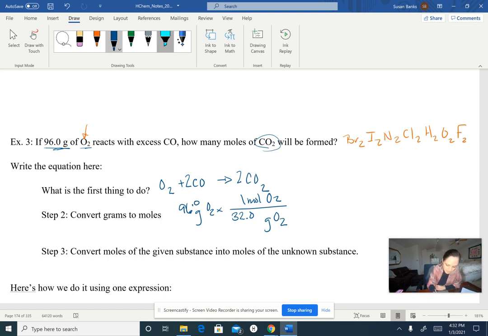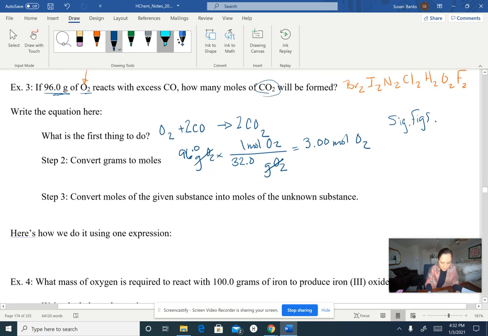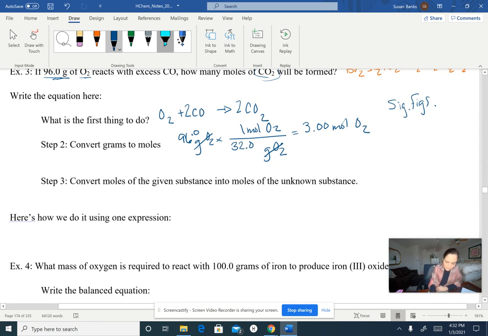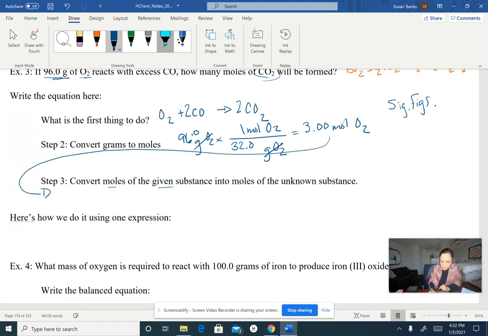Okay? So my grams of oxygen cancel out, and I now have moles of oxygen. So 96 divided by 32 will give me 3 moles of oxygen. Now remember, we are going to do sig figs here, so be careful with that. Now, the next step is we've got to convert the moles of the given substance into the moles of the unknown substance.